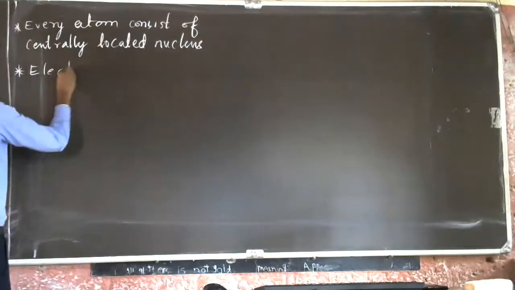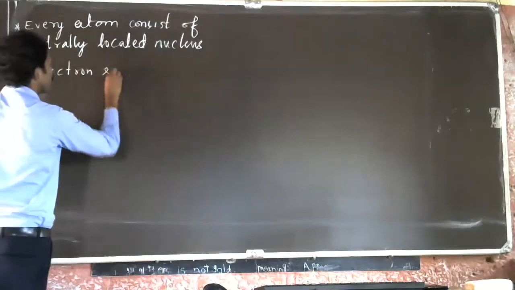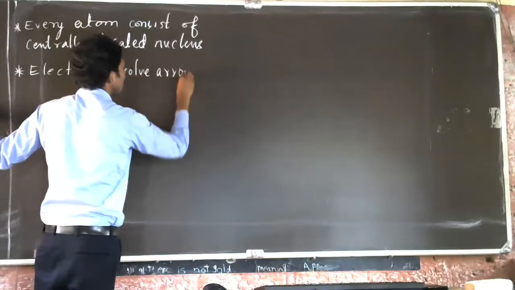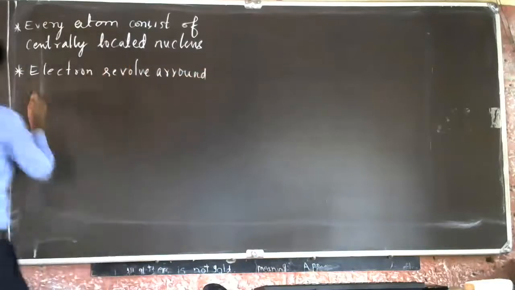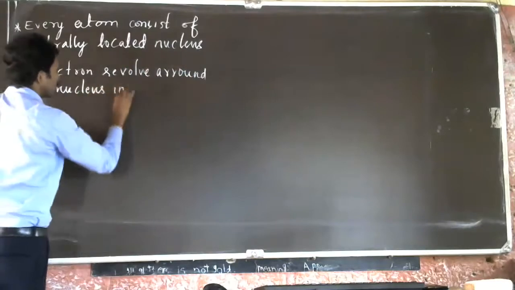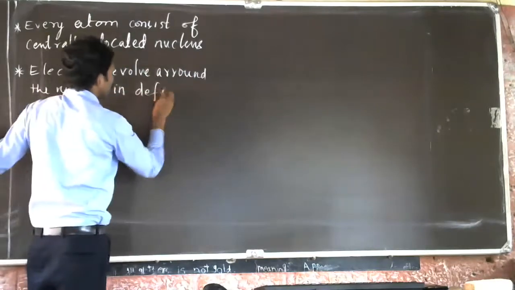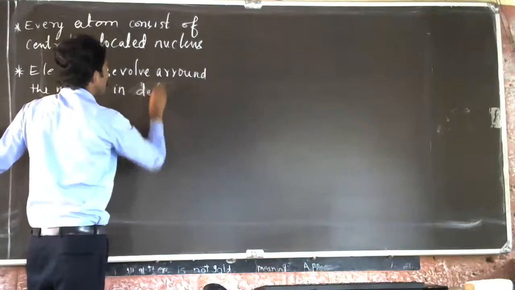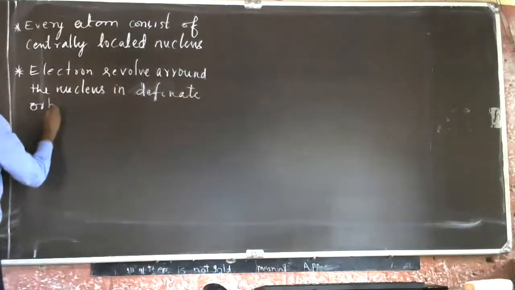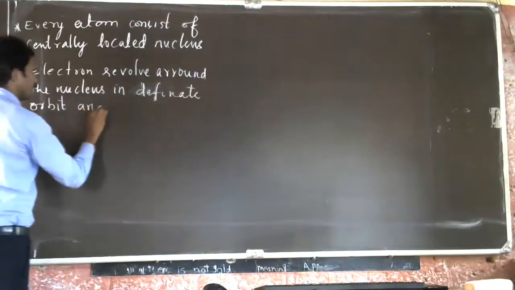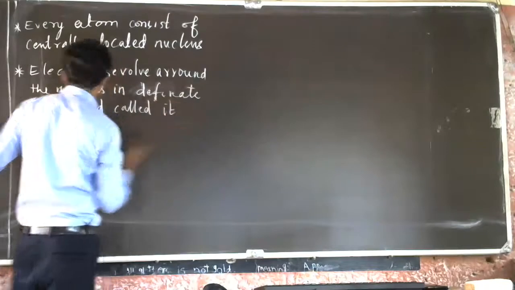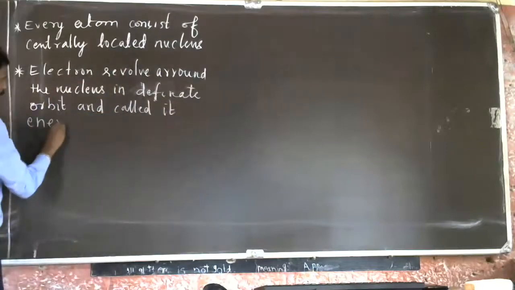Next point is electrons revolve around the nucleus in a definite orbit, and he called it an energy shell.